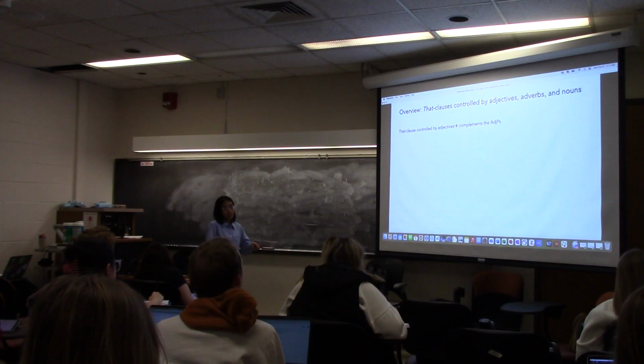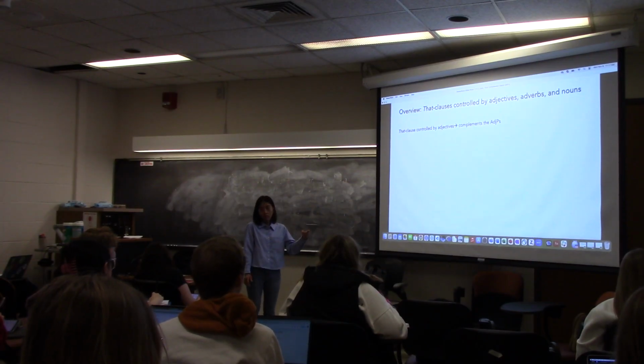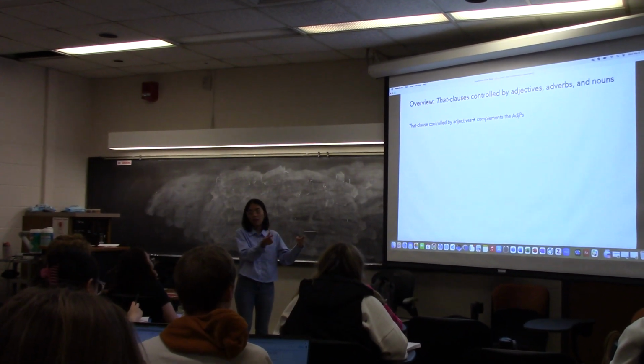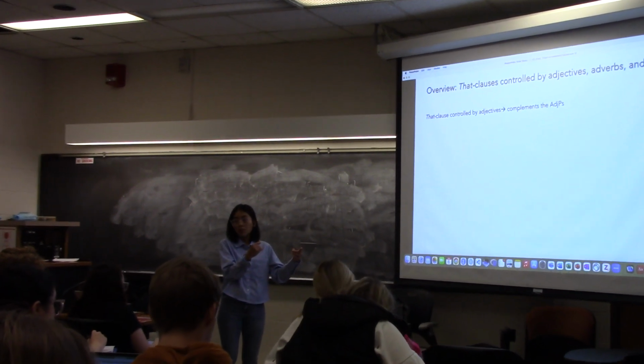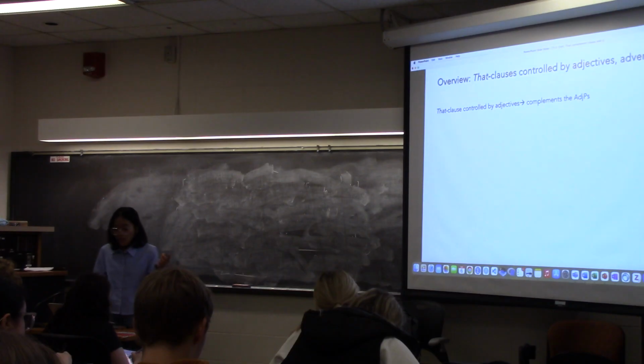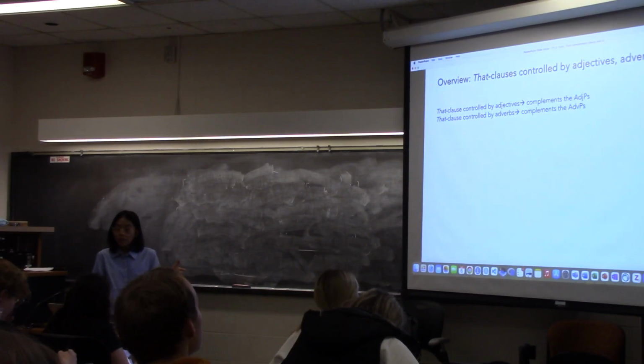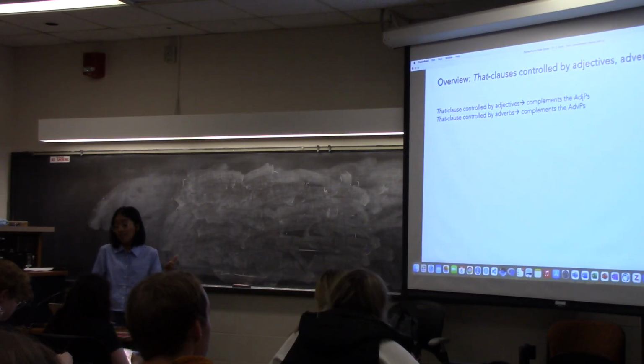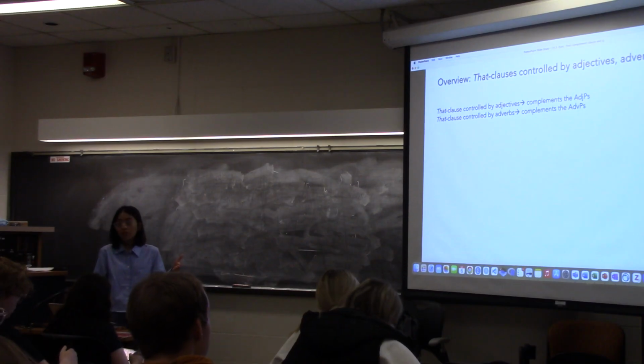When we have the that clause controlled by adjectives, the function of the that clause would complement the adjective phrase. When you have the that clause controlled by adverbs, then the that clause would complement the adverb phrase.